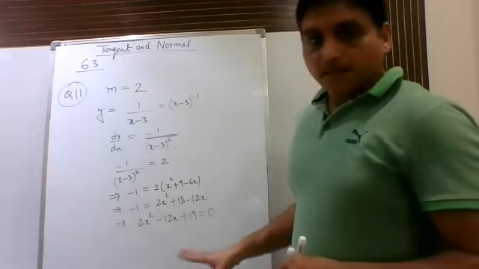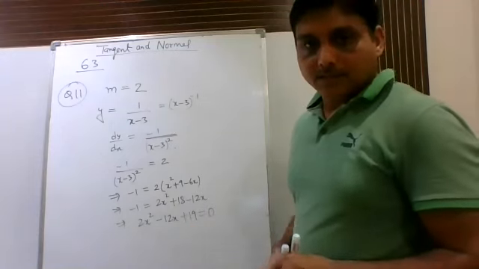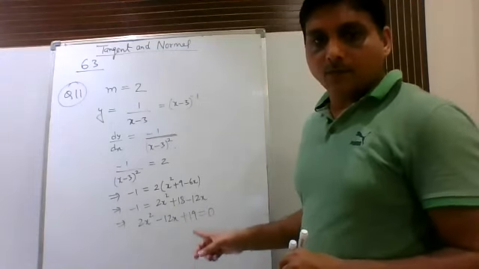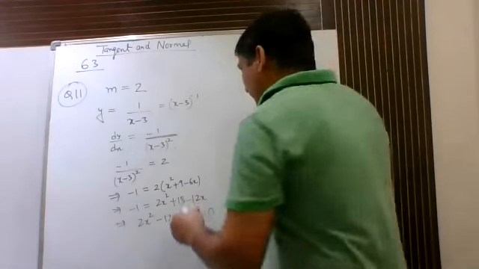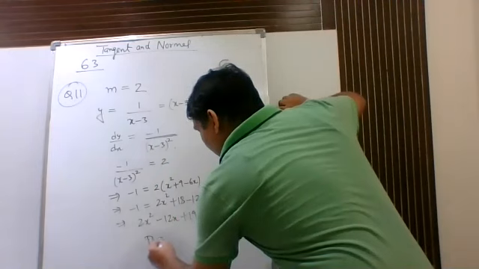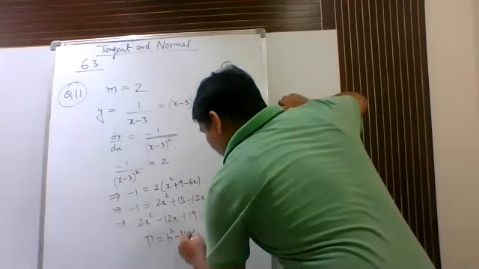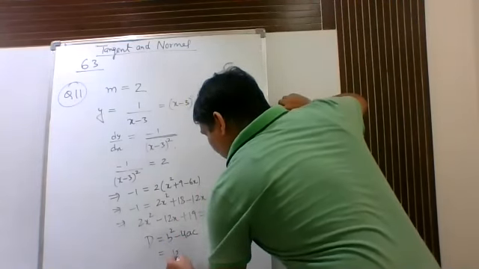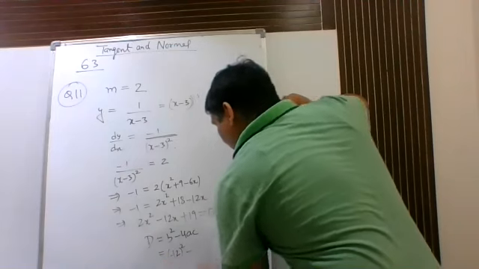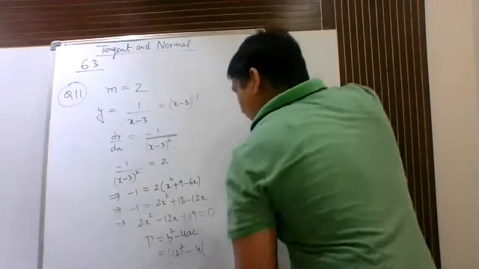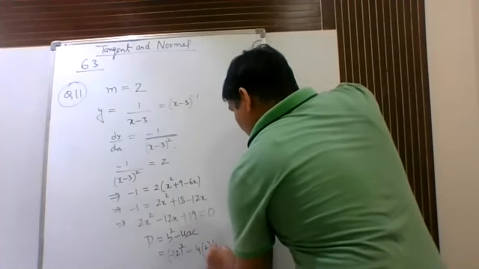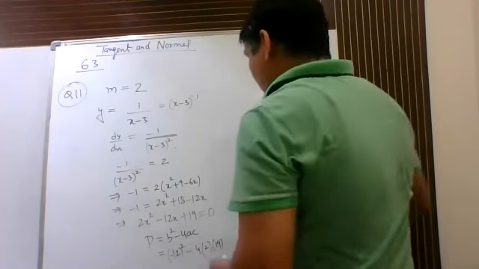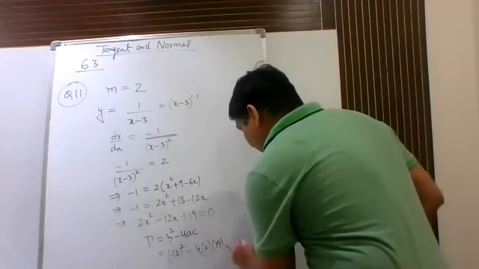Now the thing is, we have to solve this. Here the problem is, if you find the discriminant of this quadratic equation, which is b square minus 4ac, it will be equal to 12 square minus 4 into a into c. Now you can see that it is a negative quantity.